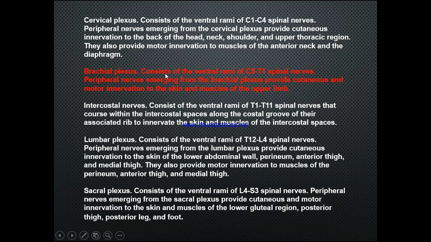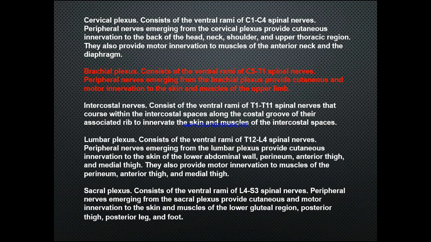Now the brachial plexus, which we were talking a lot about, and the lumbosacral plexus, in relation to injuries of these and mechanisms of injuries to these, consists of the ventral rami of C5 to T1 spinal nerves, C5, 6, 7, 8, T1. Peripheral nerves emerging from the brachial plexus provide cutaneous and motor innervation to the skin and muscles of the upper limb.